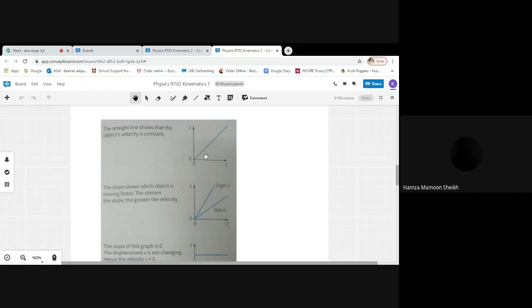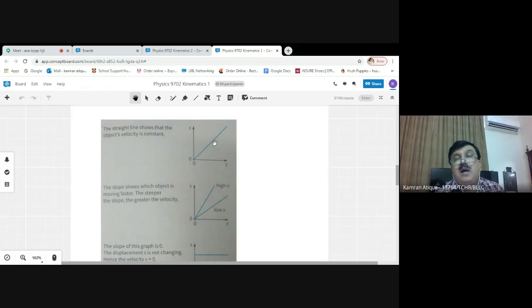Sir, because both quantities are changing proportionately. If it were parallel to either of the axes, then there would be no movement. But at the present moment, our straight line is not parallel to the x-axis or y-axis.